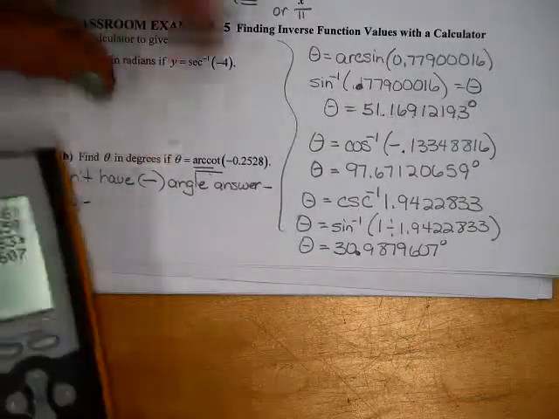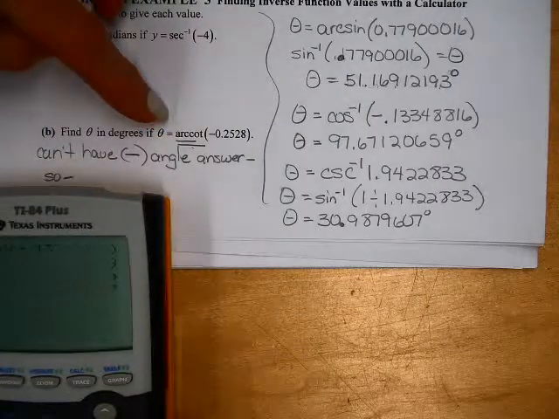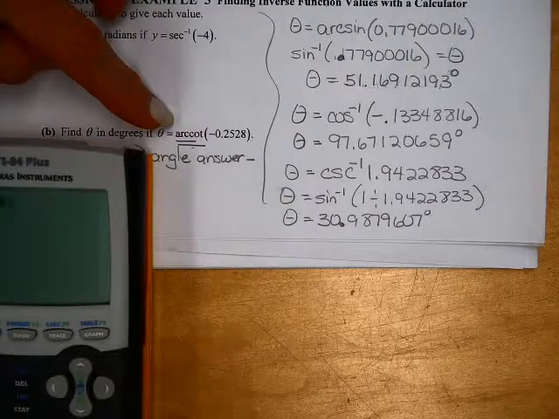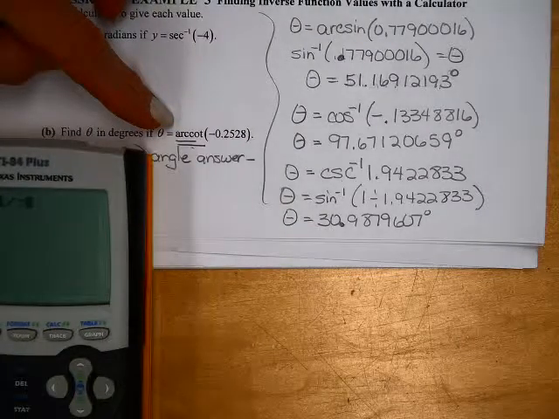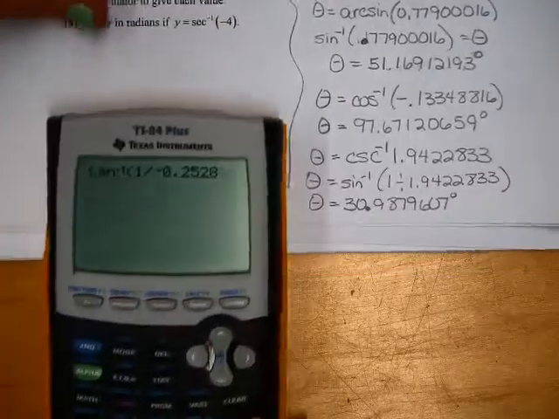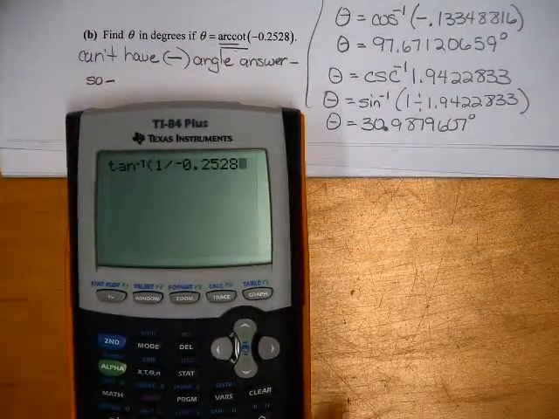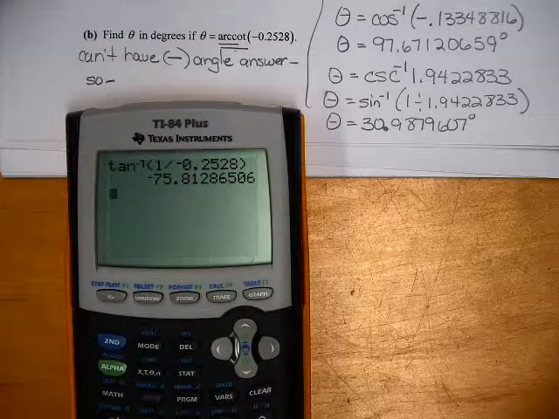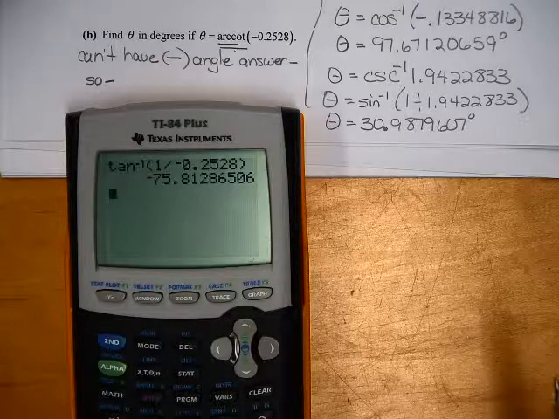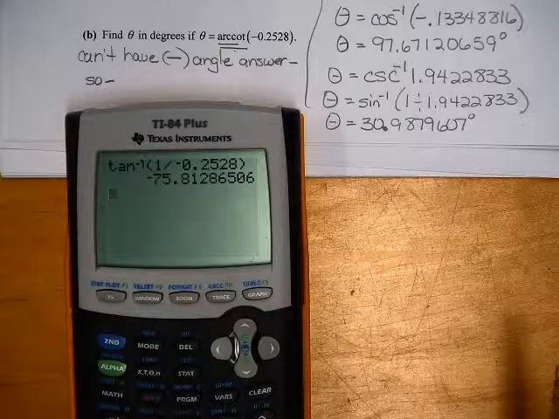So if we were putting this one in our calculator, theta is arc cotangent. It says degree measure. So to type that one in, it's second tangent, 1 divided by negative 0.2528. Second tangent, 1 divided by. I got a negative answer. A negative angle is going to be down in quadrant 4. That is the wrong quadrant.